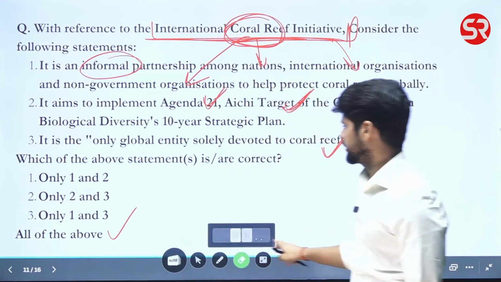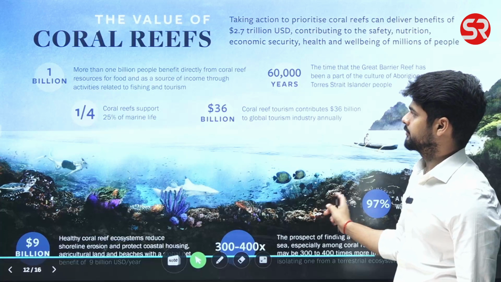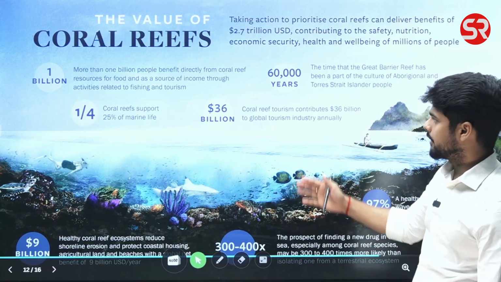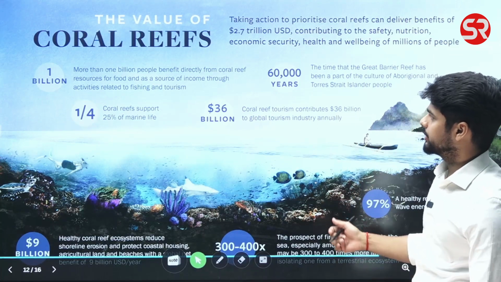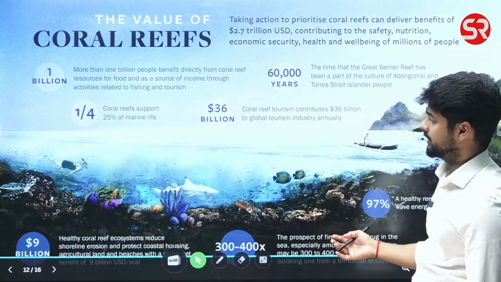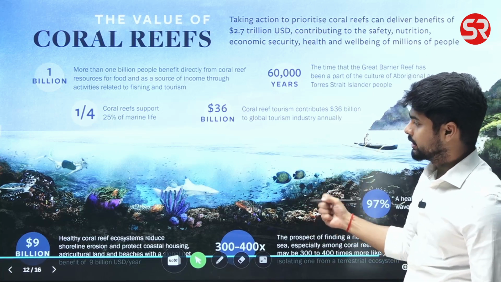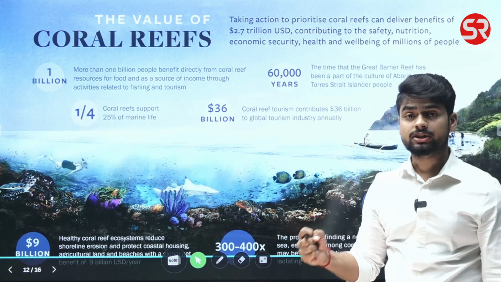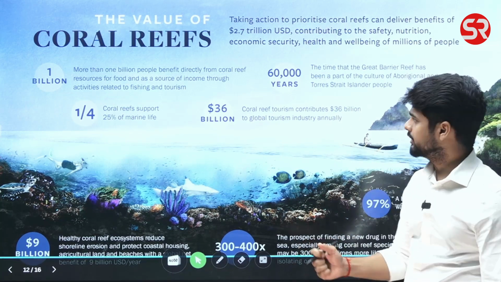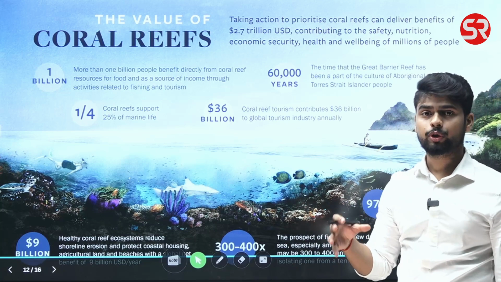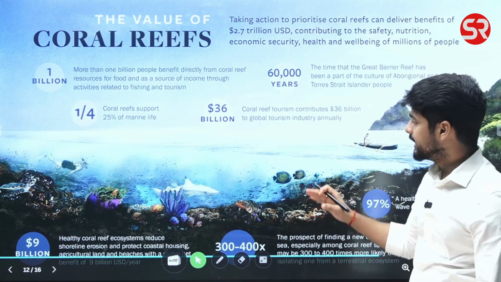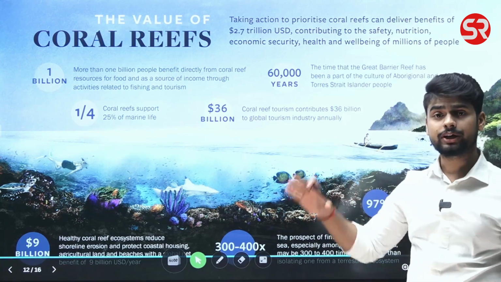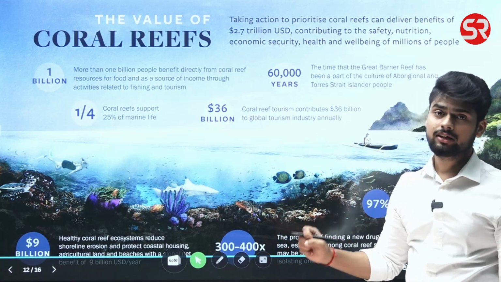Let's go ahead. You can have a quick look at the advantages of coral reefs. The good quality of corals is essential for good marine life. In fact, it is also important for human life because they help us in slowing down the energy of tidal waves.